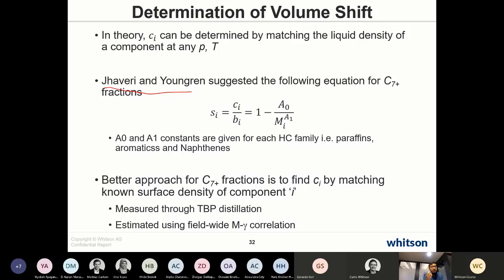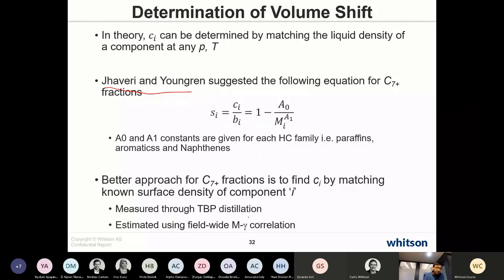For example, when you do TBP distillation, you can measure the specific gravities of those components easily. And we know that specific gravity of each component can vary from one field to another.